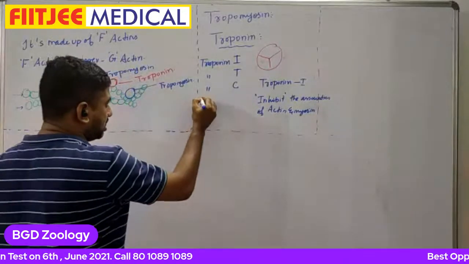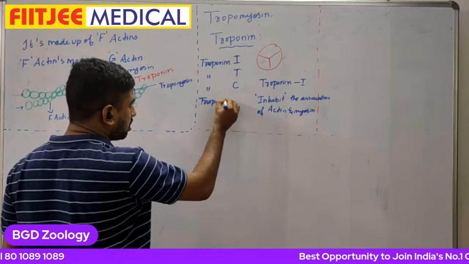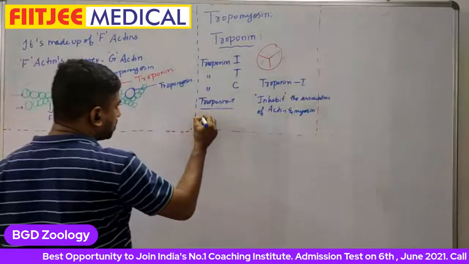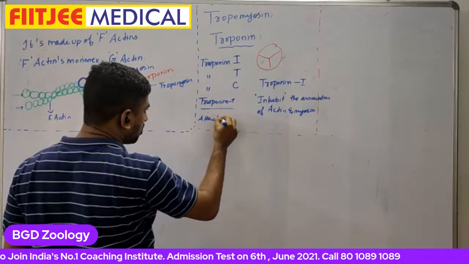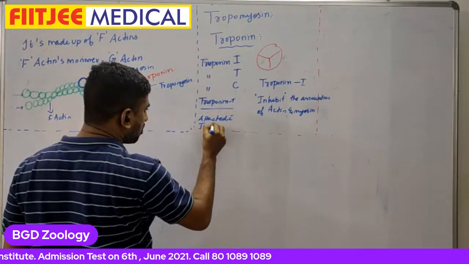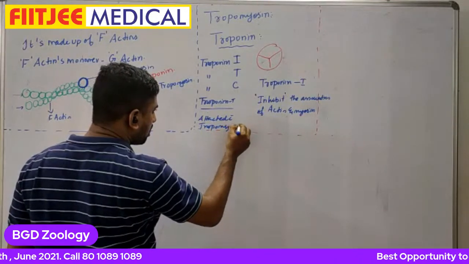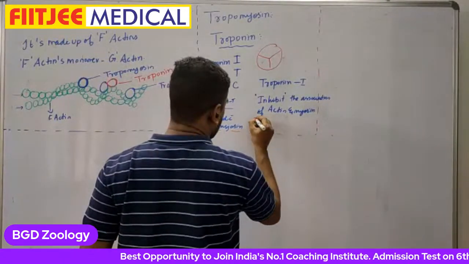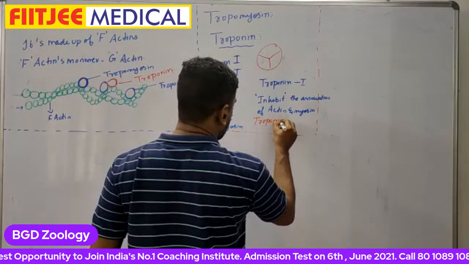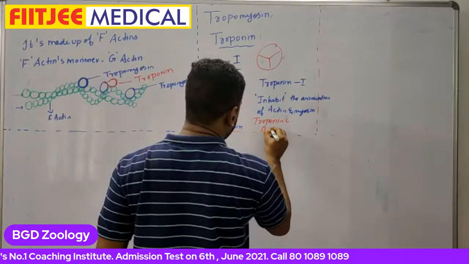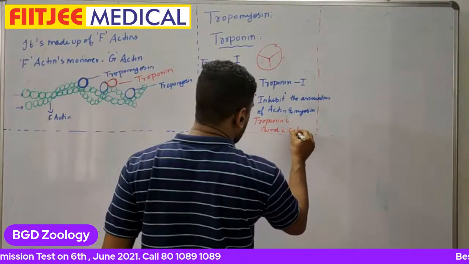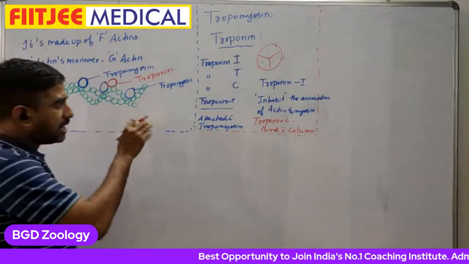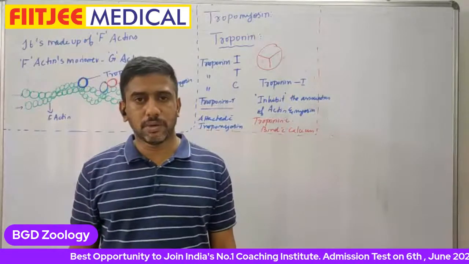Now look at troponin T. That particular protein is attached to tropomyosin. And finally troponin C, that's also really important. It binds with calcium. That's the reason we call it troponin C. So troponin I, T, C, it's very clear, no doubt.